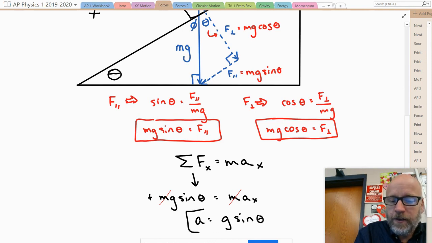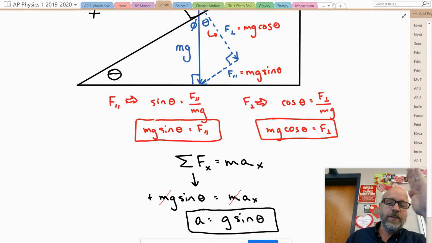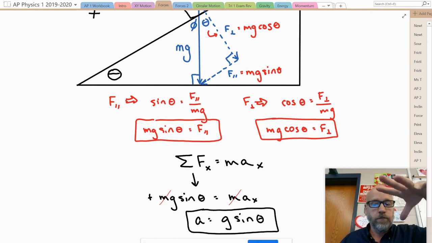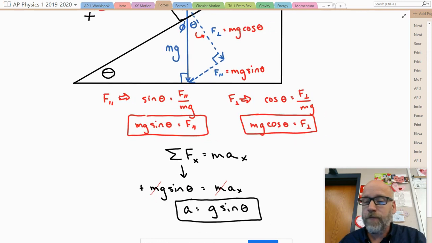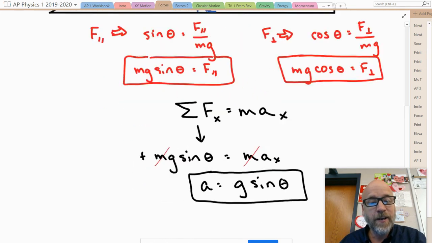Now, the sine of theta is always less than or equal to 1. So the acceleration on an incline is always going to be less than 9.8. Oh, unless the angle is 90 degrees, then it is 9.8. And that's what we saw, it just falls. Okay. Now, Galileo actually did this experiment to demonstrate that falling bodies accelerate at the same rate independent of their mass.